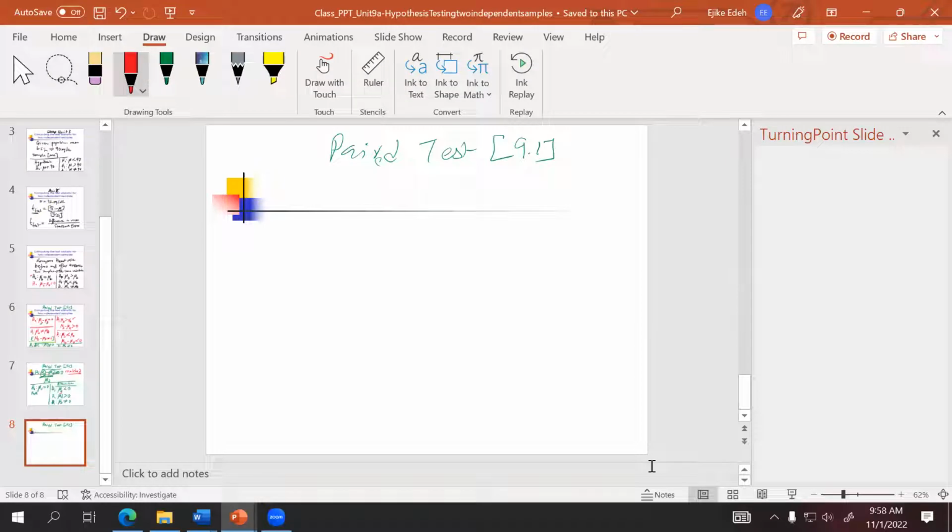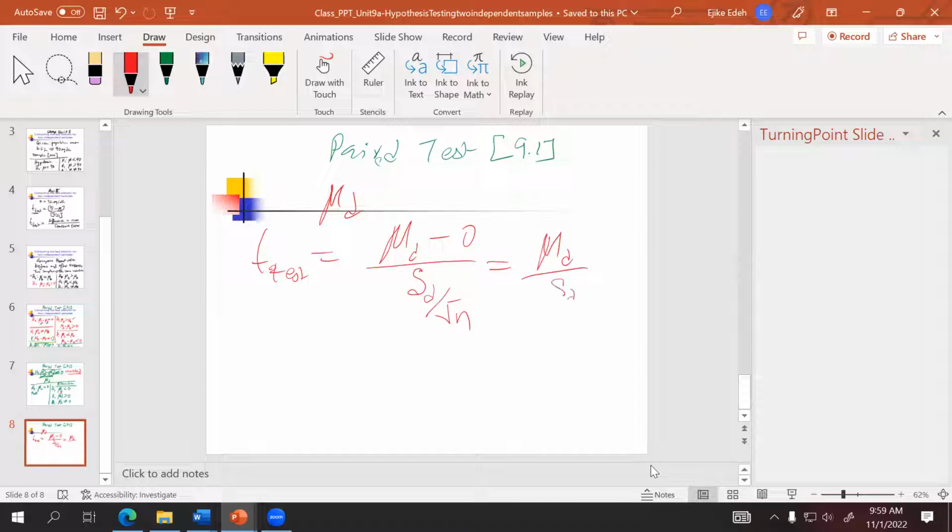Since we are using mu-d now as our focus, our test statistics will also be written in that term. Our test statistics here will be mu-d, the mean of the difference, minus 0 divided by also the standard error. And the standard error we're going to be using here is the standard deviation of the difference. Again, you see details of this in the video. You see the similarities between this and the other one, but because you're subtracting 0, you can simply write this as mu-d divided by standard deviation all over square root of n, right?